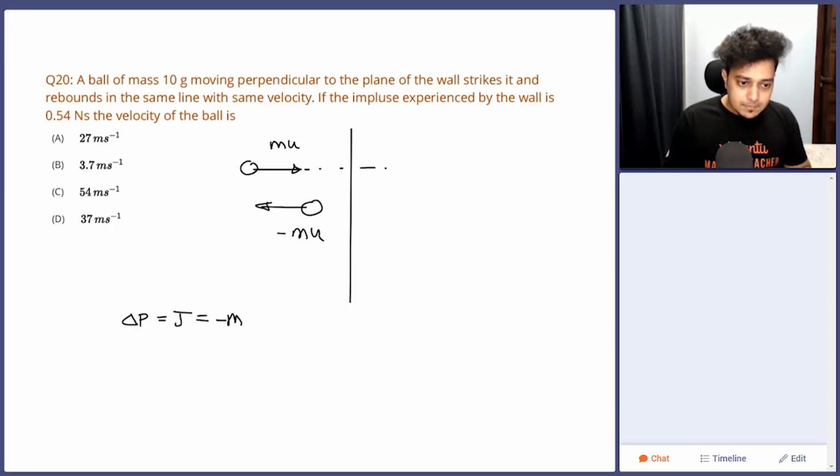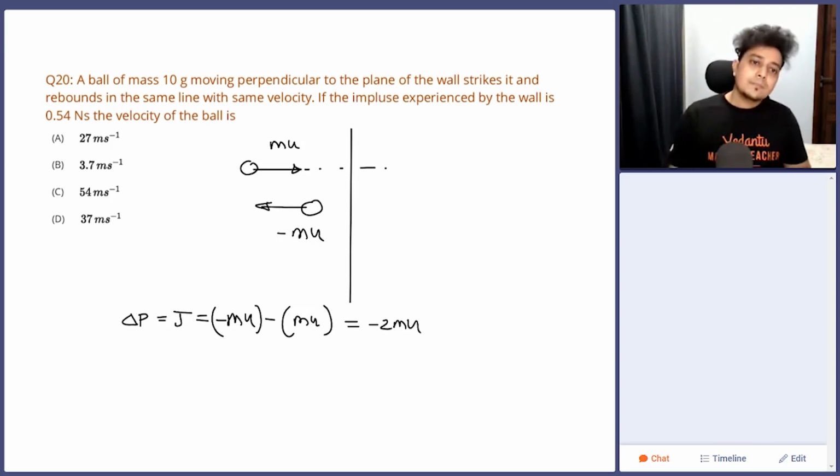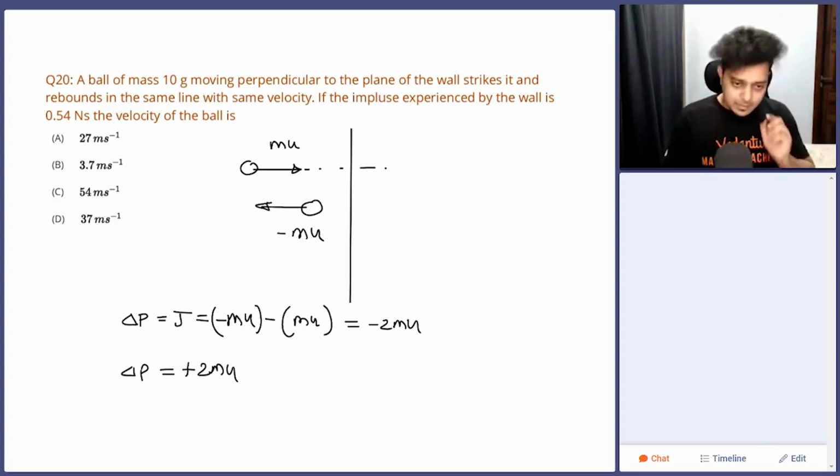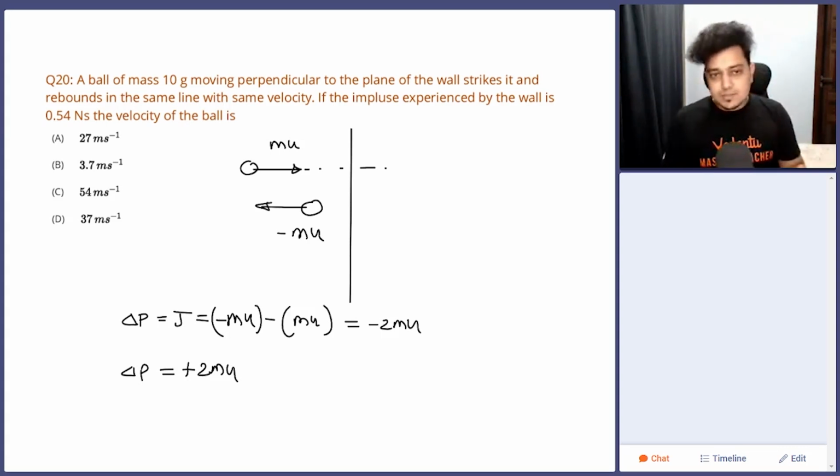So final momentum minus mu minus initial momentum mu, so minus 2 mu. If you say this is change in momentum for ball, then change in momentum for wall will be plus 2 mu. However, plus minus is not an important thing here in the final answer. It's the change that matters. Change in momentum is impulse here.